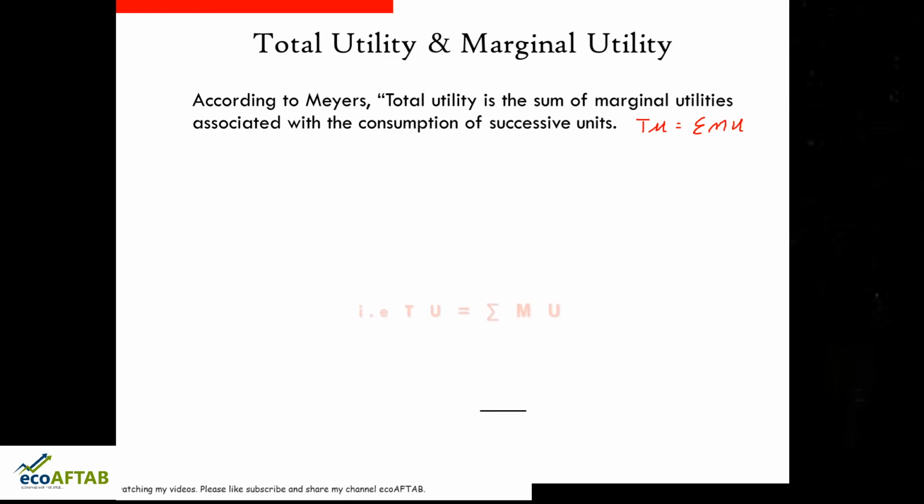That is, total utility is the summation of marginal utility. Then what is marginal utility? Marginal utility is differentiating the total utility with respect to the quantity.